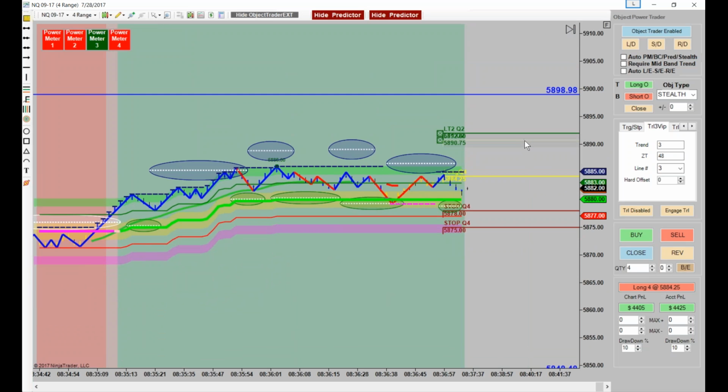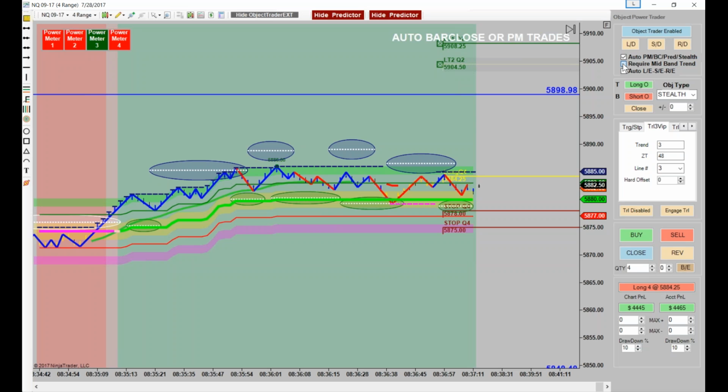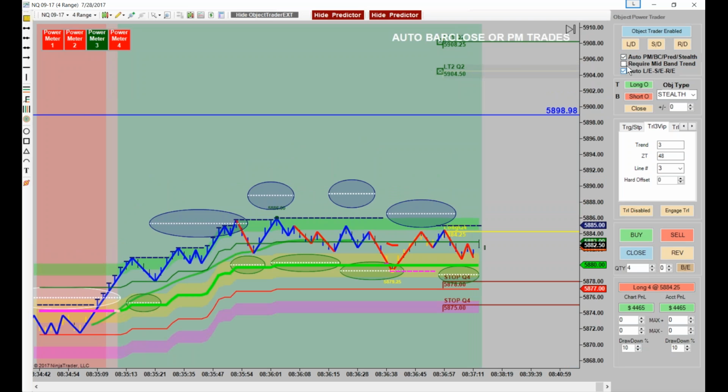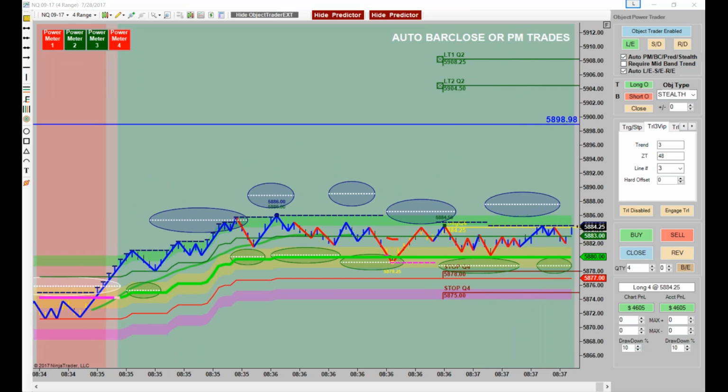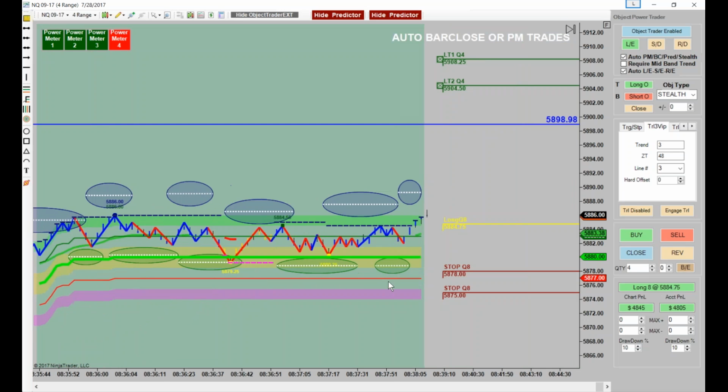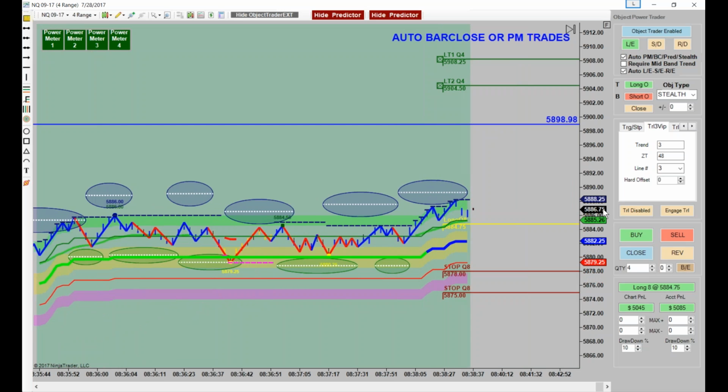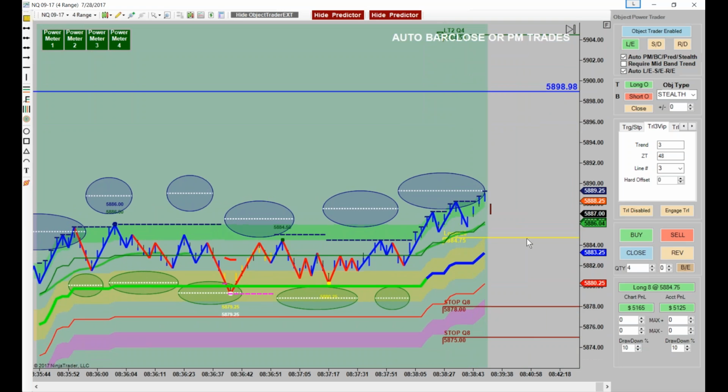And I'm going to move these out of the way. And we're going to turn on auto. We won't do required trend, just in case. We'll do auto, but we're going to stay long as this thing's mid-bands are like that. And let's just see what this did, just for the fun of it. See your predictor show up? Now, if that was a stop, I think that'd be a good stop.